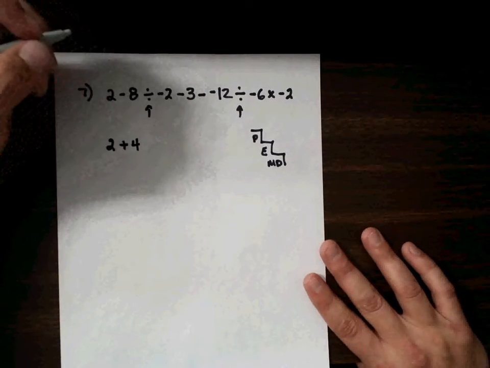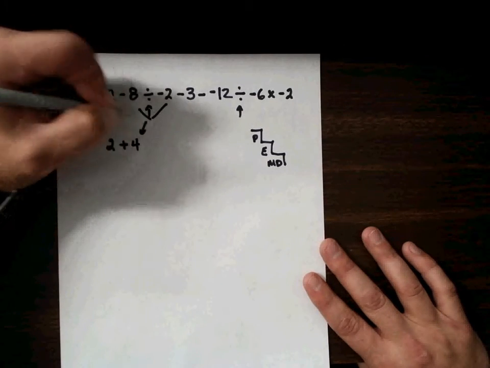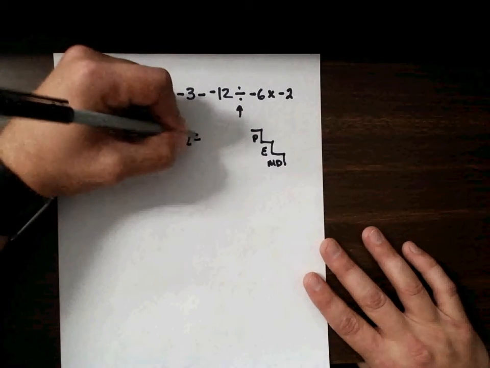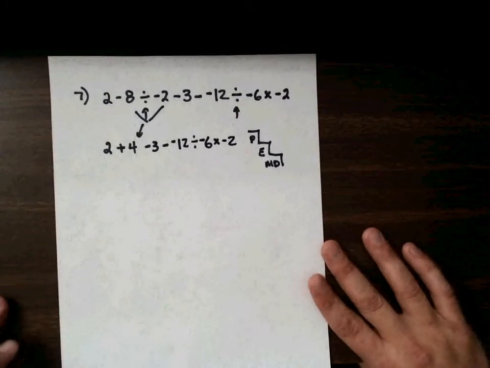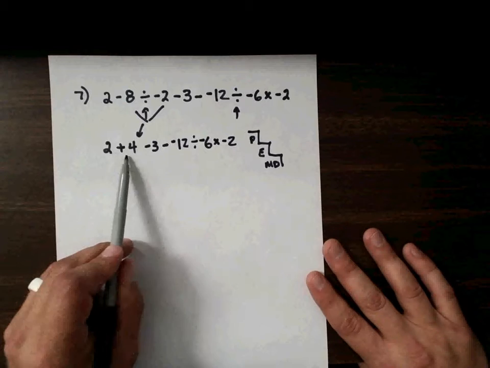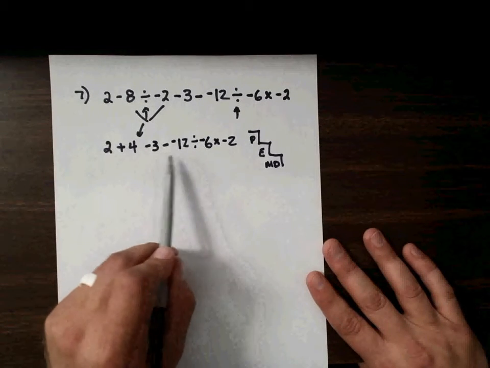And so we move on down, because we took care of this portion right there, minus 3. All right? So I continue on down, my left to right. That is addition. That is subtraction. What do we have right here that I can go ahead and do?